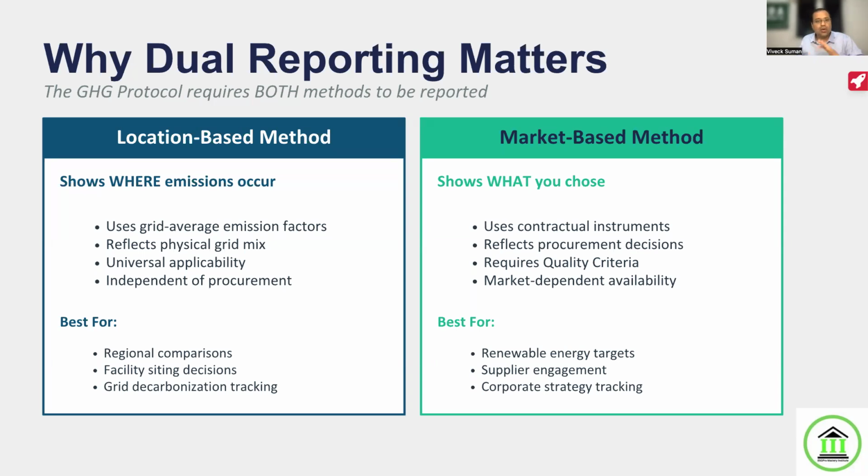So let's look into the location based first. You will get clarity, which is on the left, right? This method specifically shows where the emission occurs, exactly the place. It uses the grid average emission factor for that locality. Essentially, what's the average carbon intensity of the electricity grid?